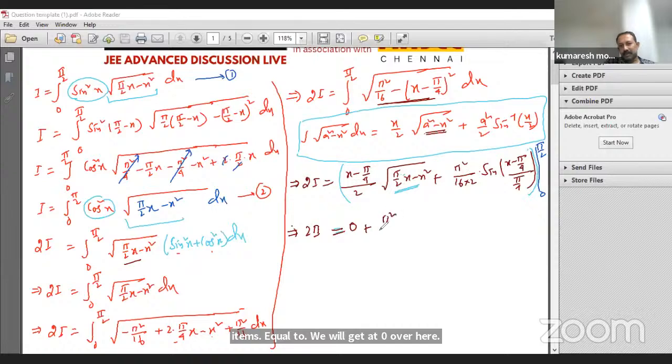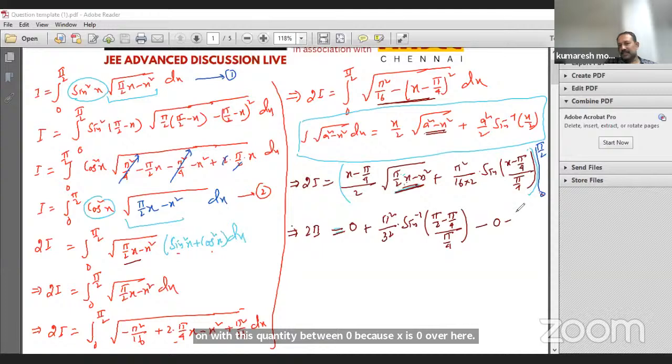So pi square by 32 into sine inverse of pi by 2 minus pi by 4 by pi by 4, minus lower limit. Again, you put lower limit here, this quantity will become 0 because x is 0 over here. So minus 0 minus pi square by 32 into sine inverse of, we get x is 0, so minus.